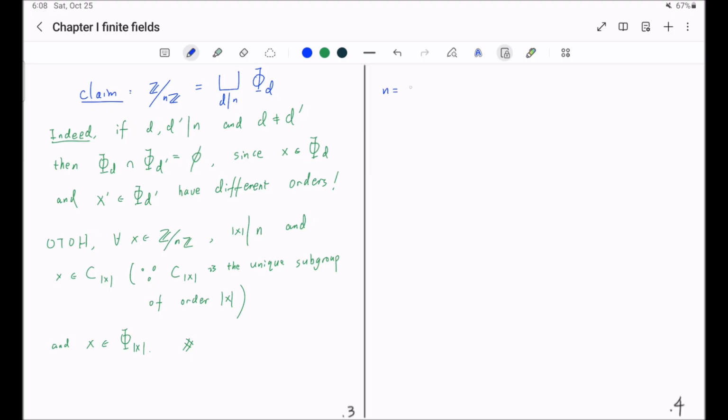n is the cardinality of Z mod nZ. And by this disjoint union, this partition, we know this cardinality must be equal to the sum of the cardinalities of phi sub d's for d dividing n.